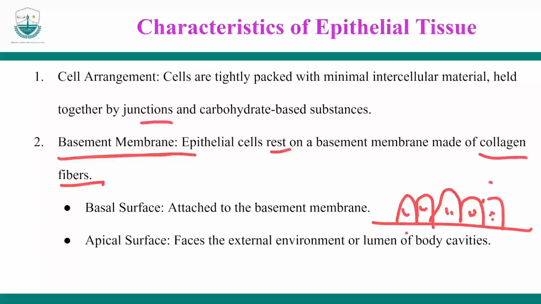So this becomes the basal side or the basal surface here, and then here it is the apical surface. So just know the two. Usually on the apical surface, that's where you have structures that we call cilia.